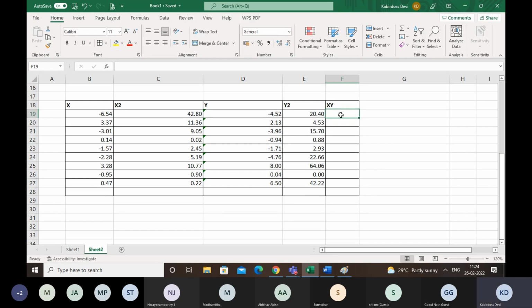Okay. Now I am going to calculate xy. So here the plus or minus job comes in. What is the value of xy? The value of xy is B19 into D19. So these two things I multiply.